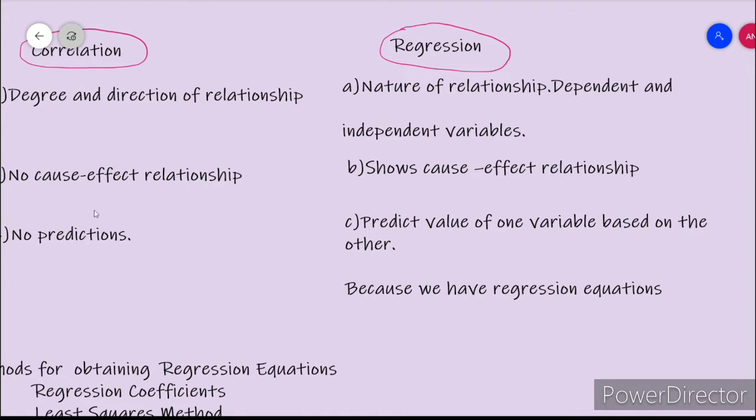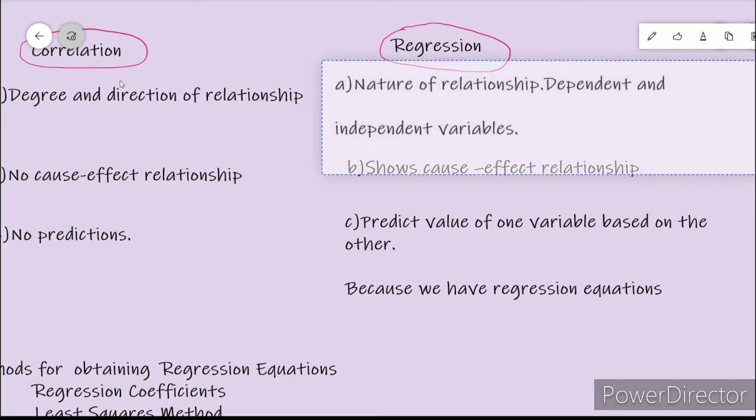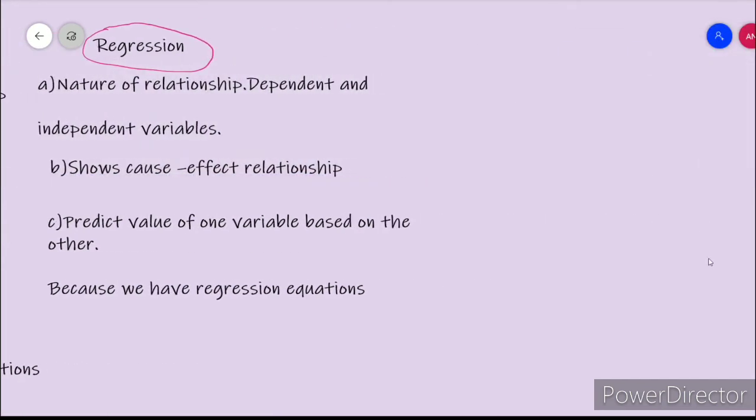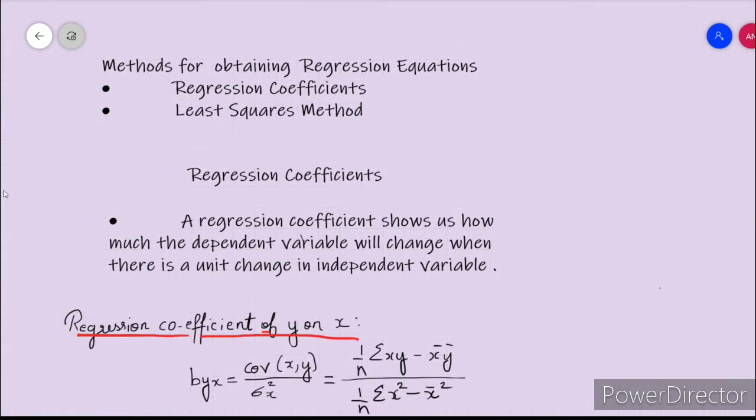Like correlation, we have different methods of analyzing regressions. We'll talk about two methods: regression coefficients and the least squares method. In the case of correlation, we only have to find a correlation coefficient, r.